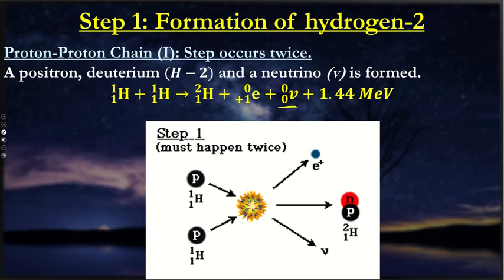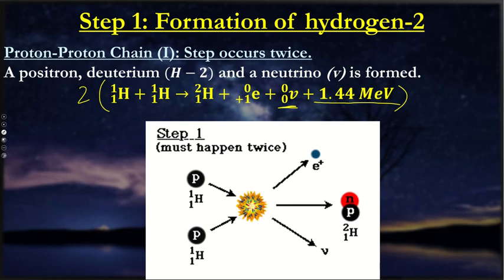You can consider that as radiation as well, energy. And it also emits 1.44 mega electron volts of energy. And like I said, this reaction occurs twice. So whilst this equation is showing 1 reaction, you can always say that there's actually 2 involved. So that's what we mean by it's occurring twice.